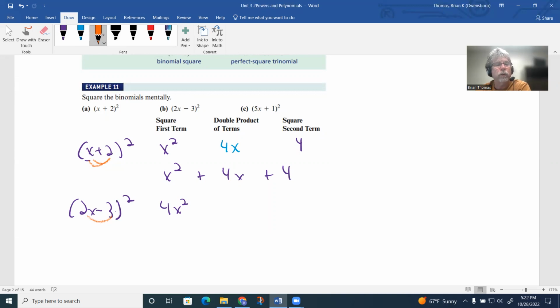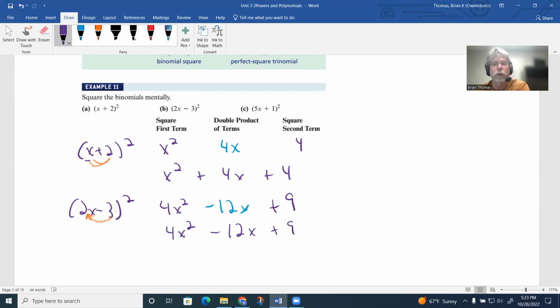So -3 times the 2x is -6x, and then we double it, that would give us a -12x. And then we square the last term, -3 times -3 is going to be a positive 9. So our answer becomes 4x squared minus 12x plus 9 becomes our trinomial.